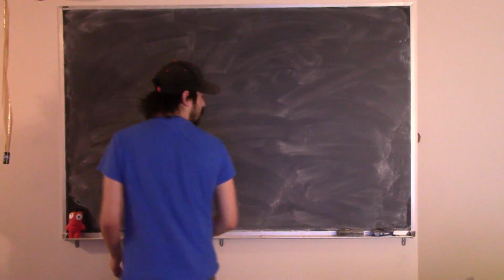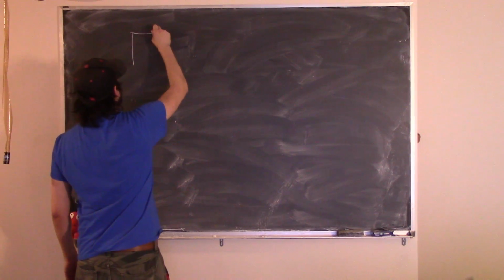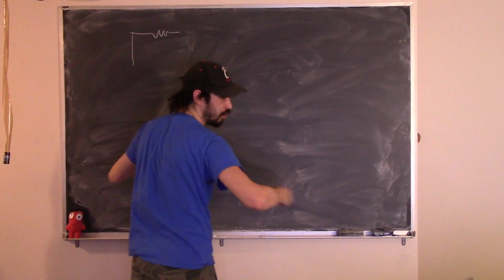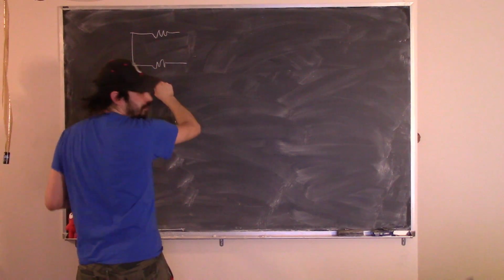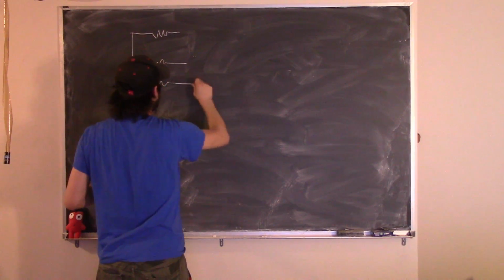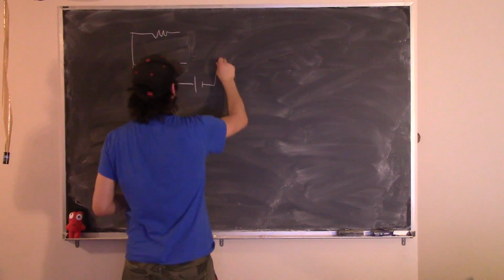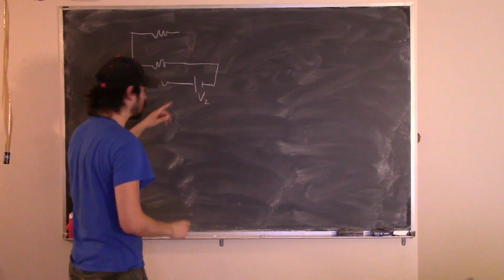So the first problem was the one from the homework. And this one had a system where we had these 3 lines that were essentially in parallel with each other. And this had some battery that had some potential difference across it, V2.